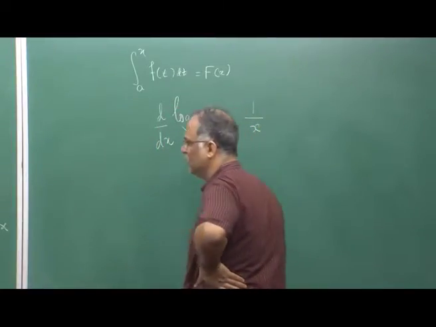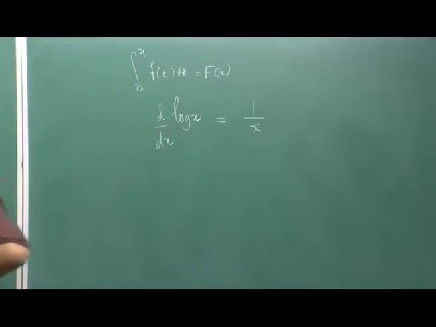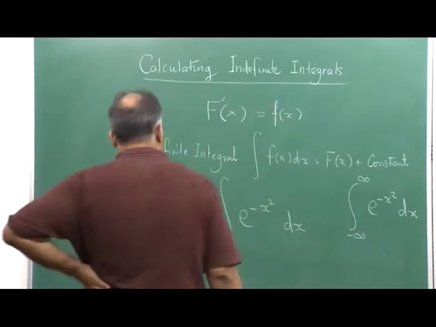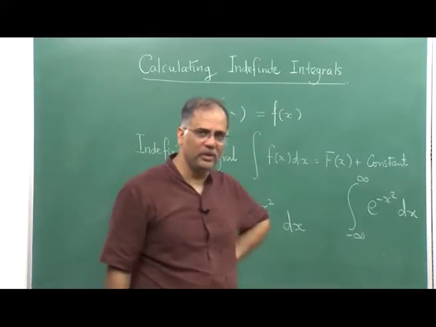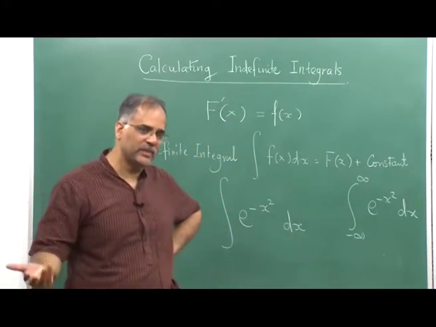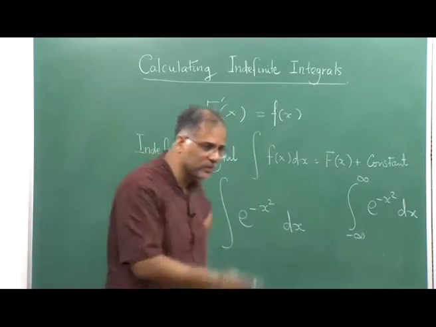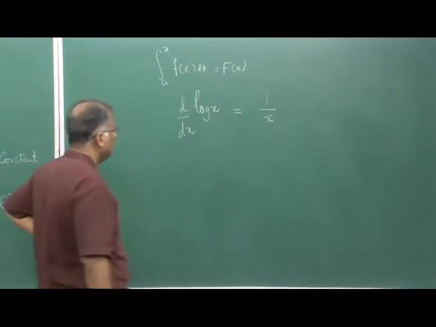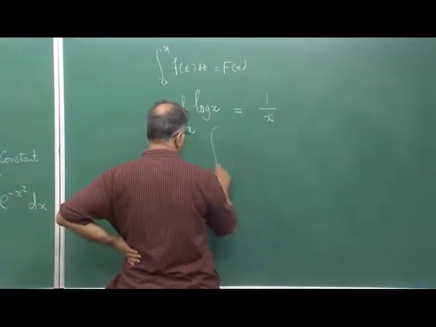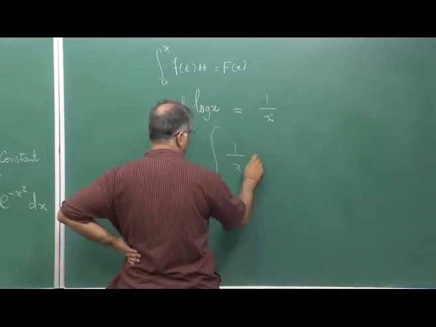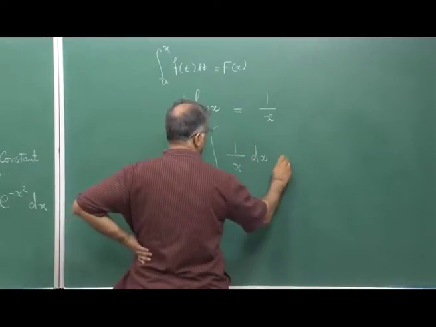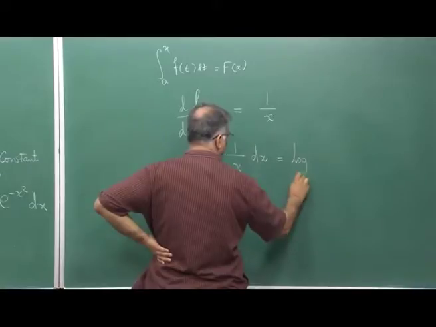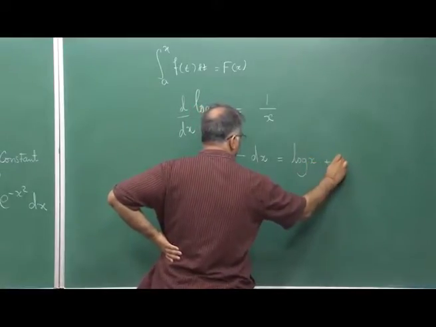Of course, x cannot be chosen to be 0. And x cannot be chosen to be negative either; even though 1 by x makes sense if x is negative, log of x would never make sense. So, you write the integral of 1 by x dx is log of x plus c.